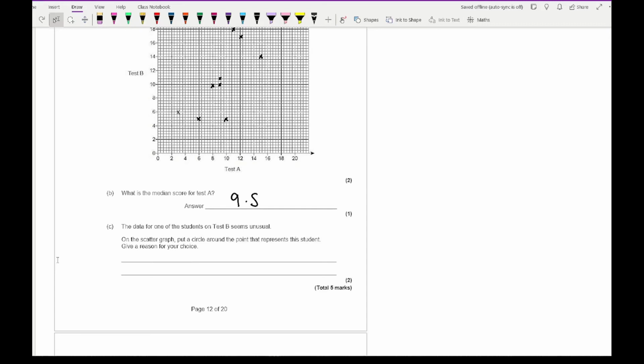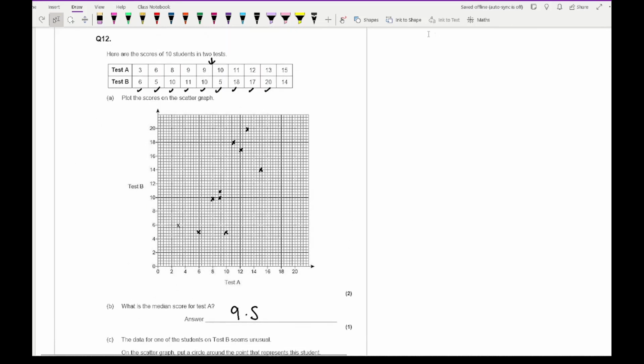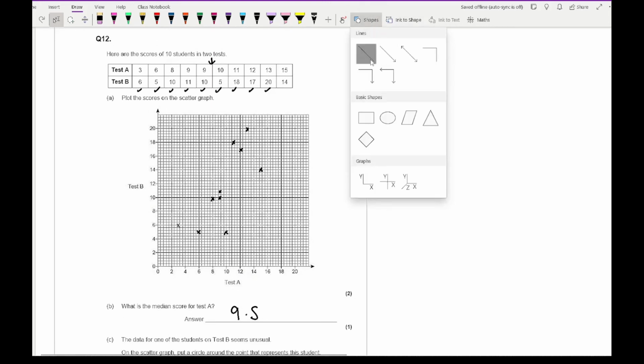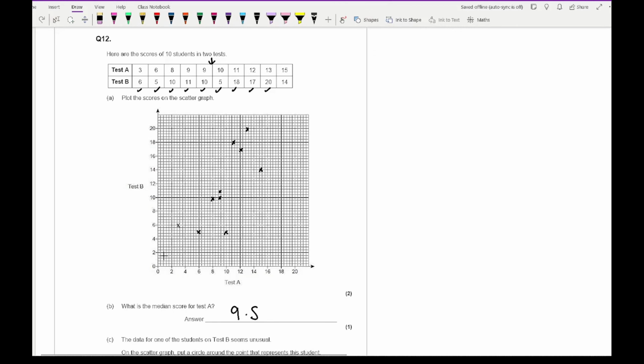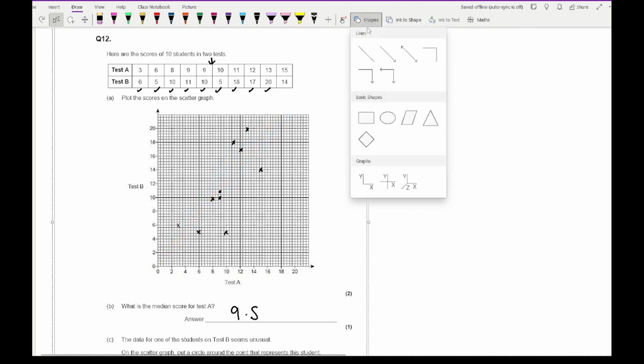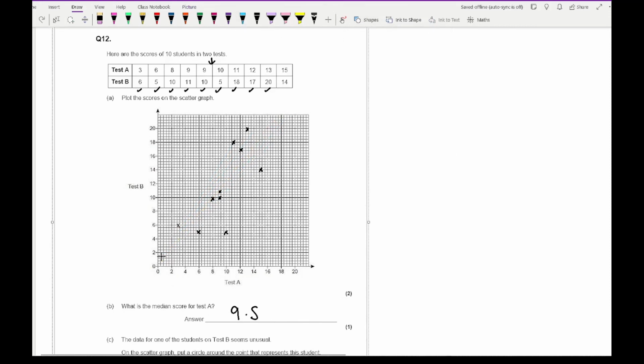On the scatter graph, put a circle around the point that represents this student and give your reason for your choice. Now, if I was to draw a line of best fit, we're probably looking around there-ish. Oh, I don't know why that's gone so thick. Oh, that's disappeared. Let's do that one again. There we go.